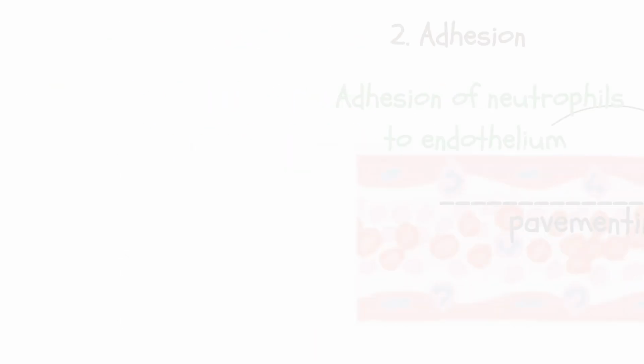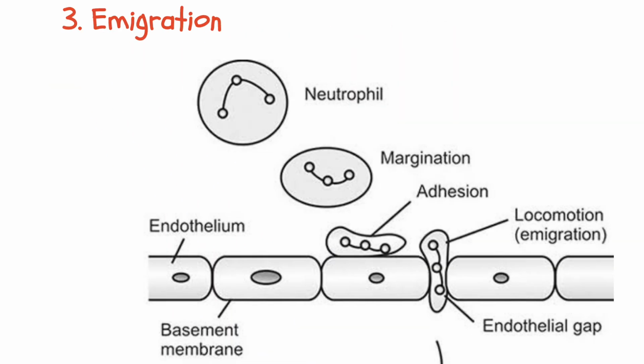So the next event is emigration, and emigration occurs after adhesion. During emigration, the leukocytes insert their pseudopods into the interendothelial junctions. These are junctions between two endothelial cells.